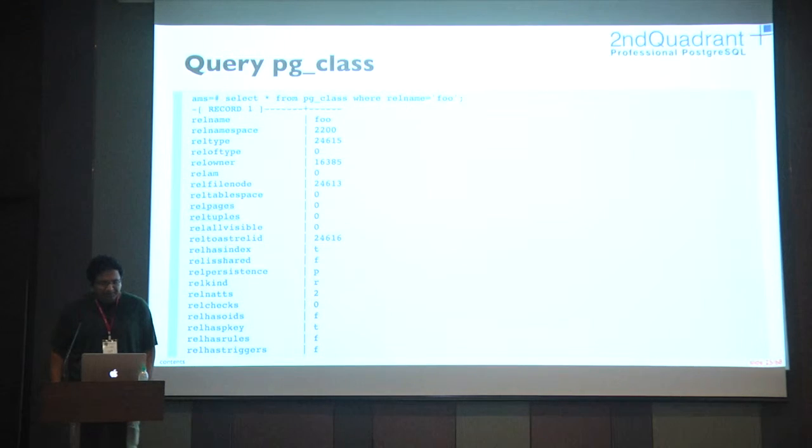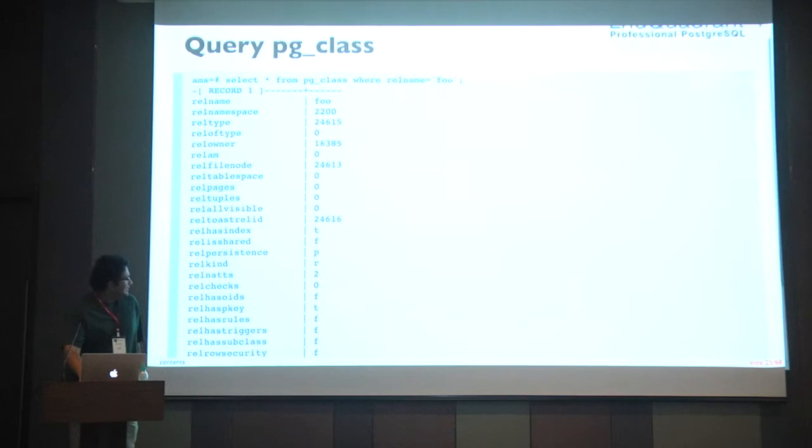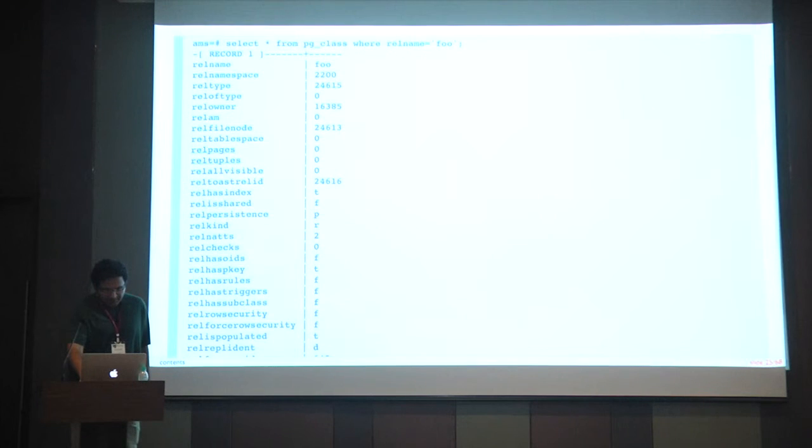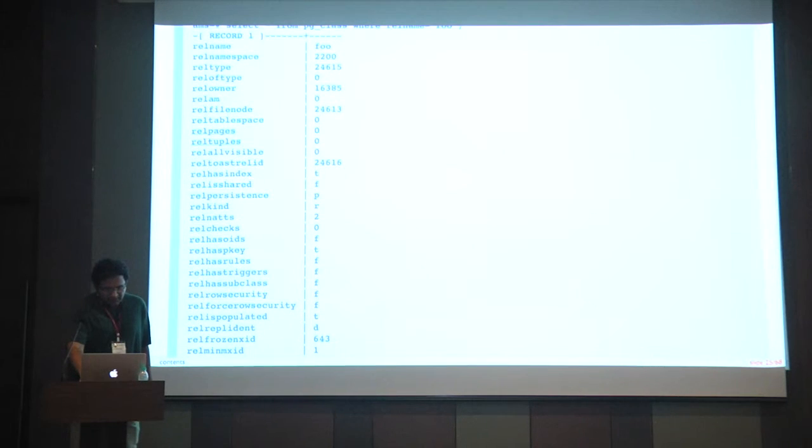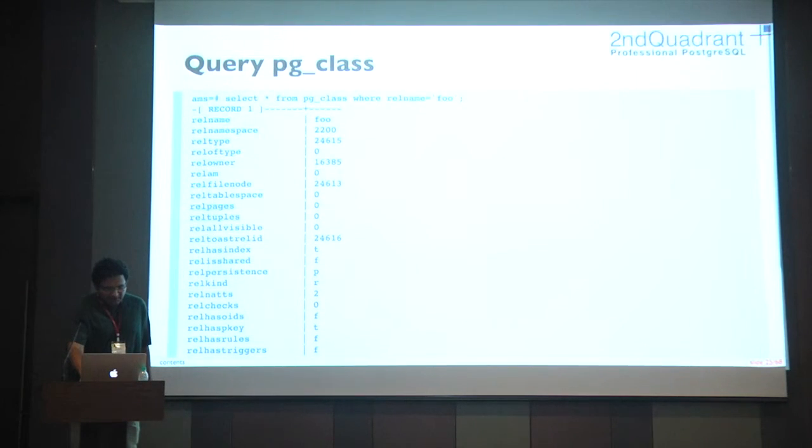And here is what I get. It's a bunch of fields describing what Postgres knows about that particular table. Most of them are not relevant for our purposes, but look at relpages and reltuples, which are underlined here.